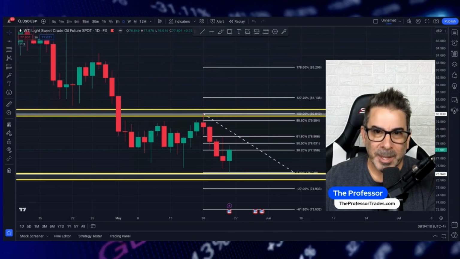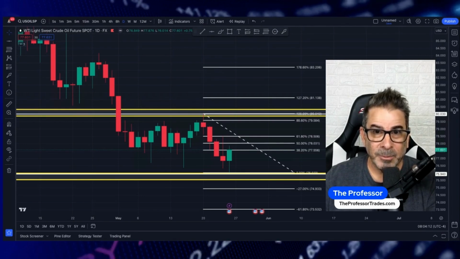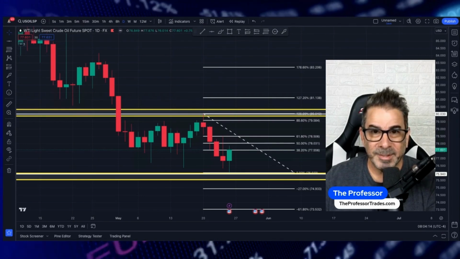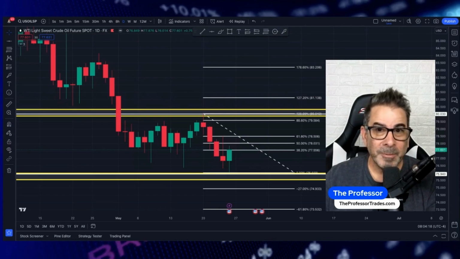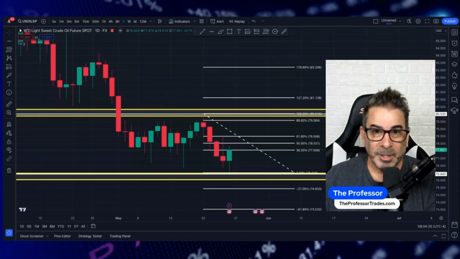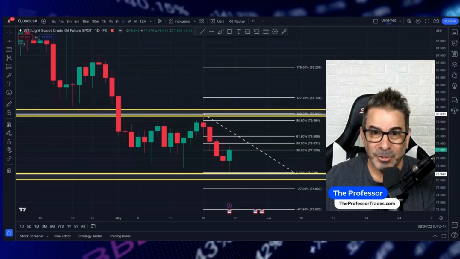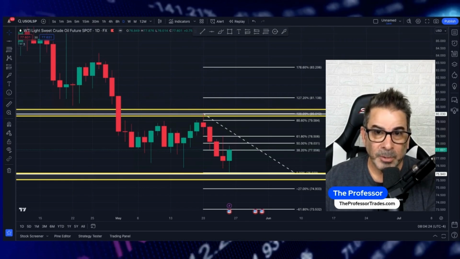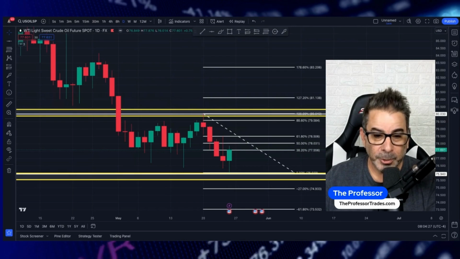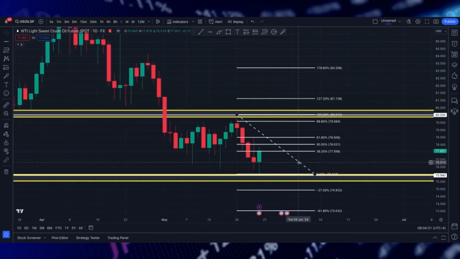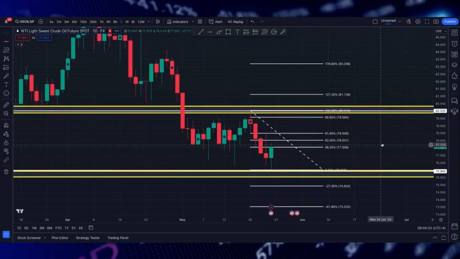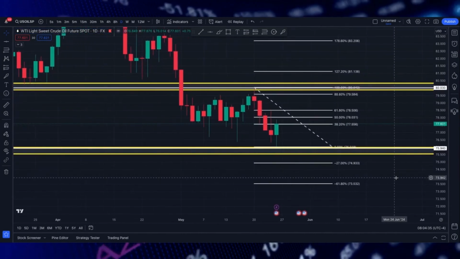We'll be talking about the gaps, but understand that as of right now, based on what we see, the price action is dictating a struggle to go even higher. So the original sentiment right now, looking at the daily chart, is that we could possibly see price going further down on crude oil. As we get into the lower time frames, this is where we have the intraday opportunities, whether it's to buy or sell.